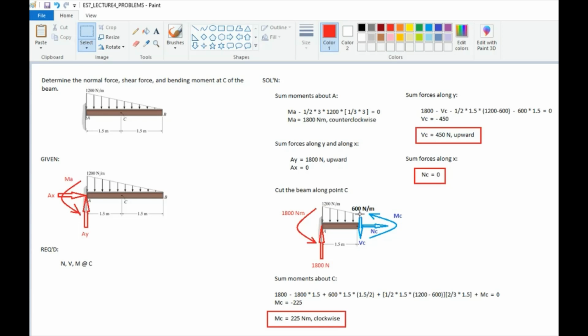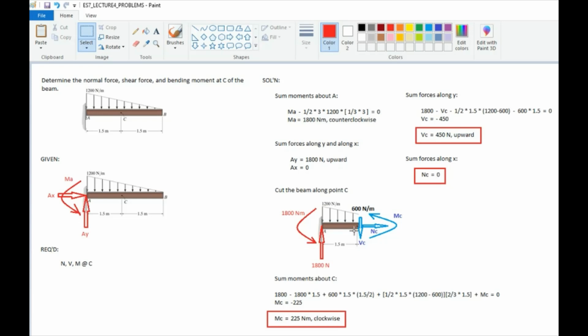So, our beam is subject to 1,200 newton per meter downward, decreasing until it reaches 600 newton per meter, 1.5 meters from point A.